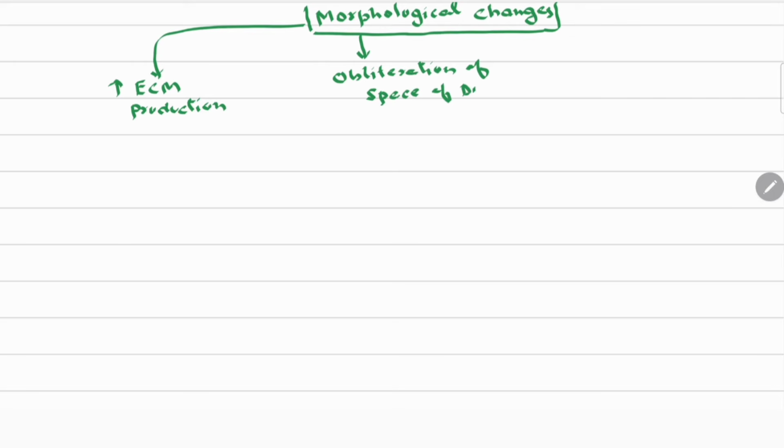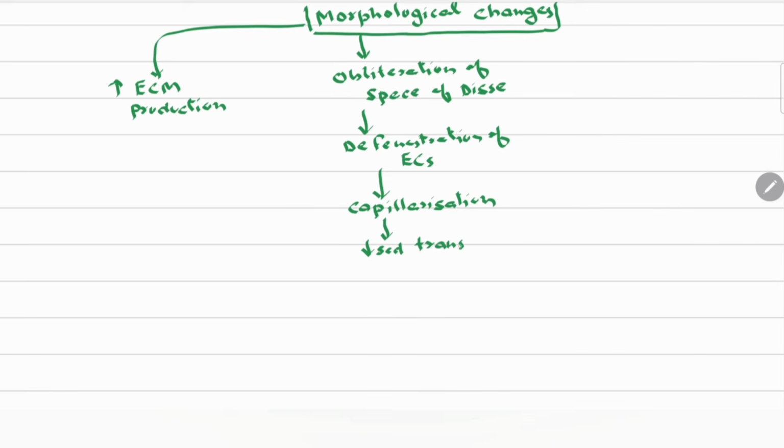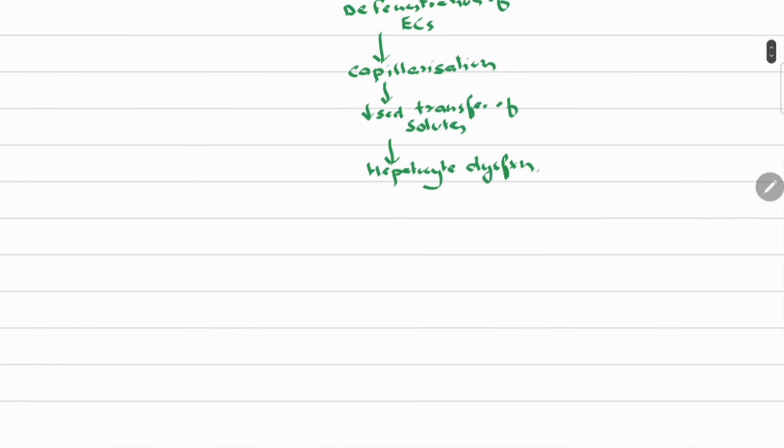When there is increased extracellular matrix production, it leads to obliteration of space of Disse, which leads to the defenestration of endothelial cells, and the process is called capillarization. As a result, there is a decreased transfer of solutes, and which results in hepatocyte dysfunction.